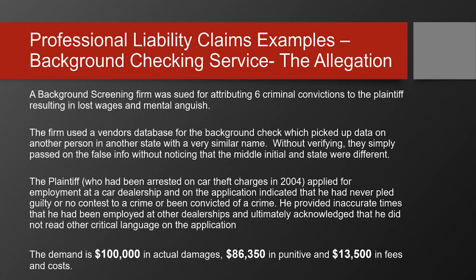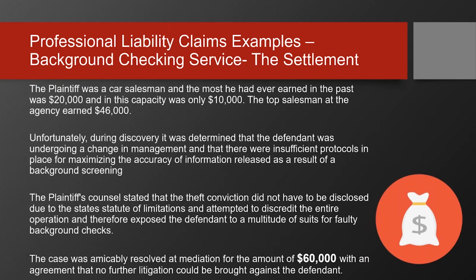Even though the applicant lied on the application and had a bunch of criminal activity in his background, he was still able to sue because they picked up erroneous data. It's crazy. He was the one that lied, but they were still able to sue because of the erroneous data provided by the background checking company.